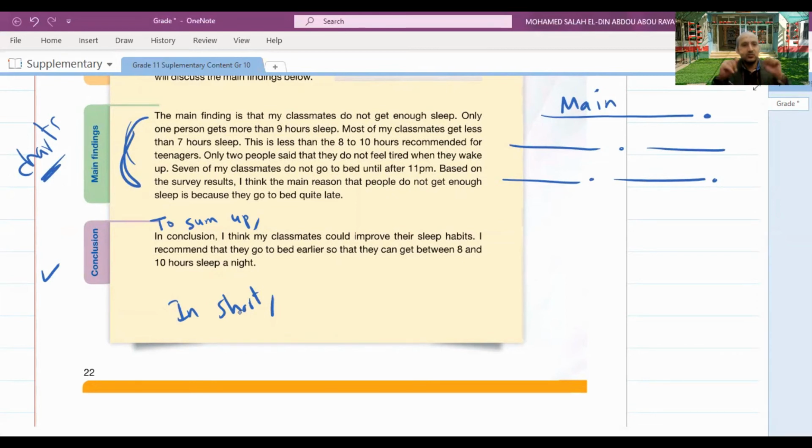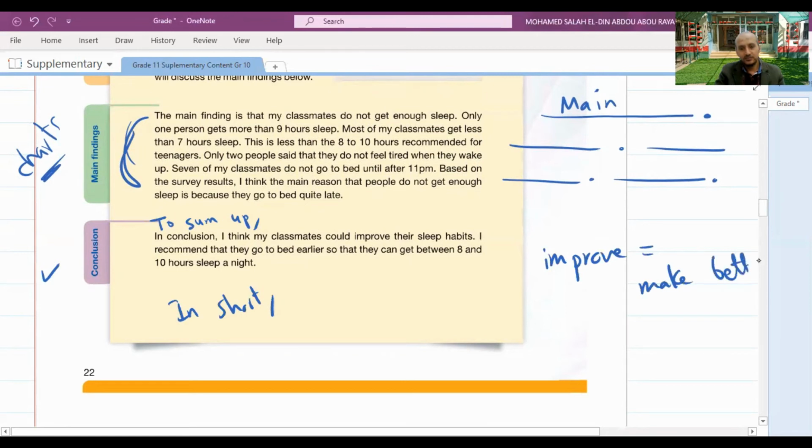This is what he wants to conclude, what he wants to end with. How could your classmates, your friends, improve? Improve means to make something better.